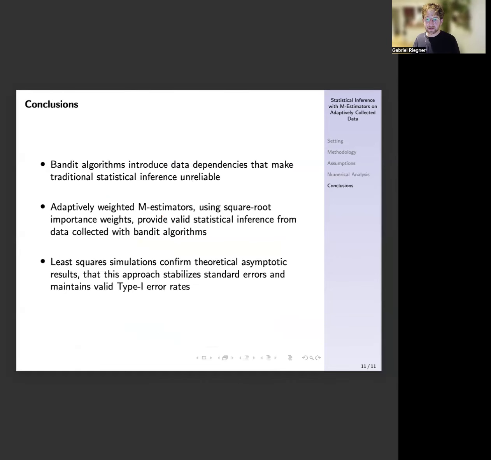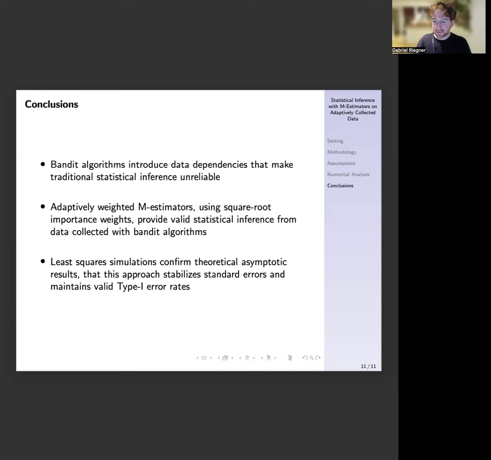So yeah, in conclusion, the paper by Kelly Zhang and colleagues offers a valuable contribution to statistical inference in the context of adaptively sampled or collected data. Bandit algorithms introduce data dependencies that make traditional inference unreliable.